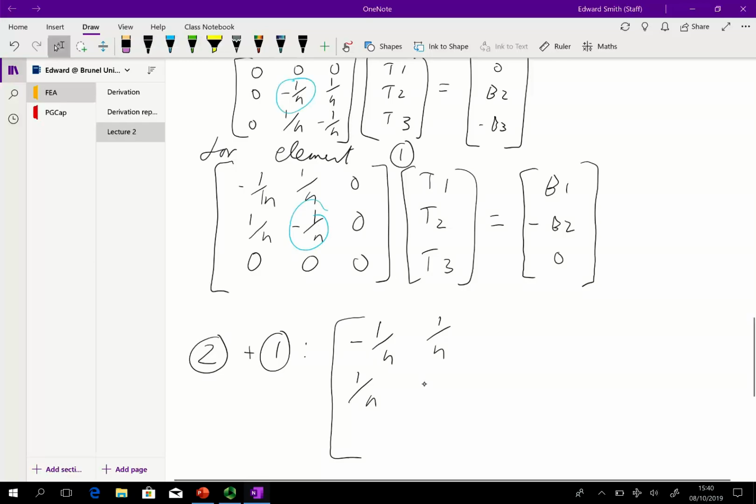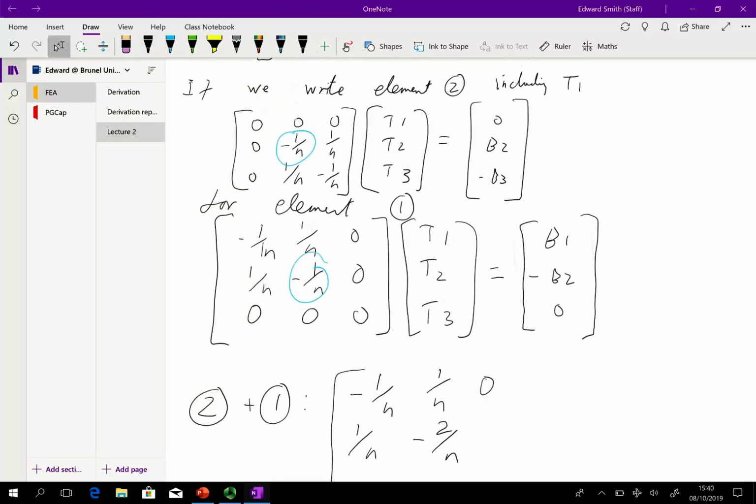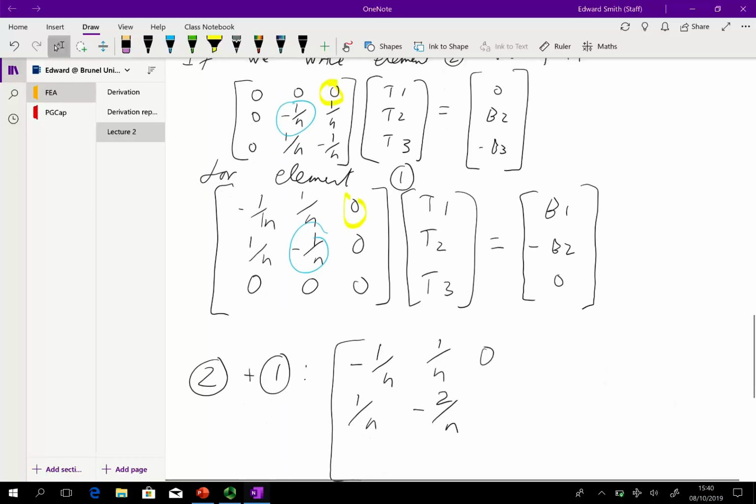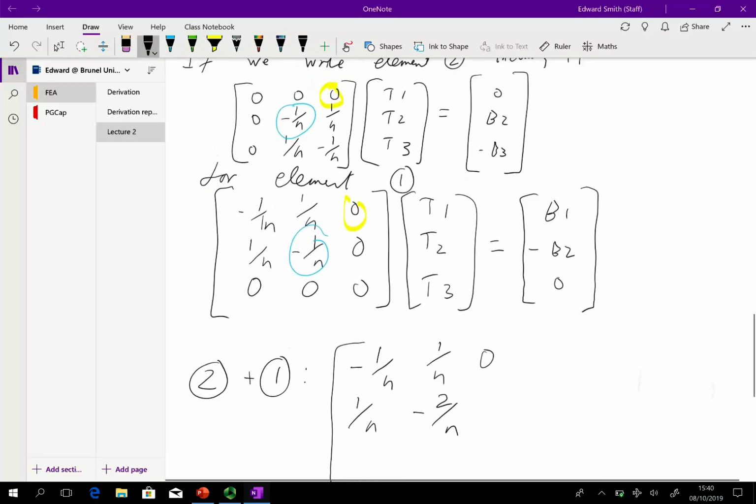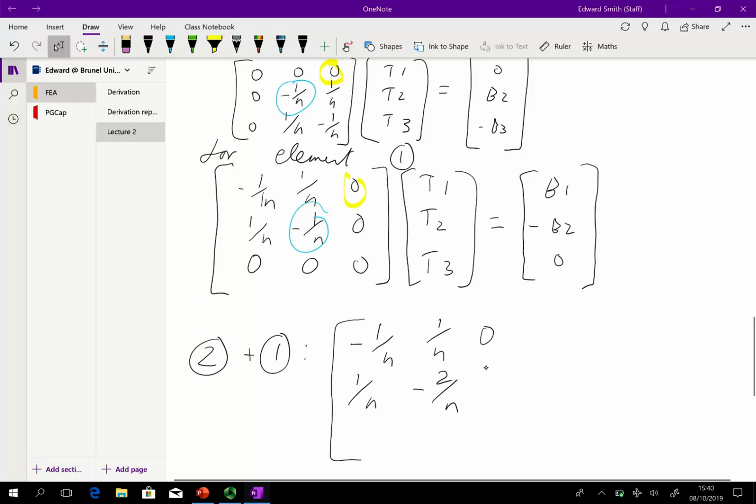And we end up with an expression that's minus 2 over h. We still have a 0 here because we have 0 here and here added together. And then we have a 1 over h here. We have a 0 here, 1 over h, and minus 1 over h here.